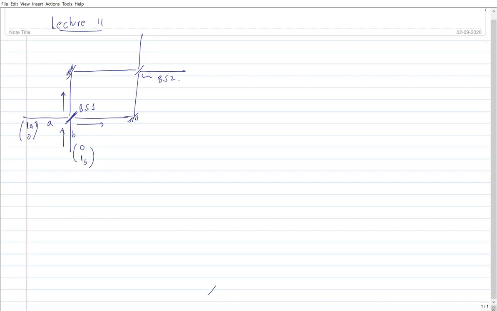As we see from the postulates of quantum mechanics, this evolution is going to be represented by a unitary matrix. So let me write the beam splitter 1 as a unitary matrix. This is a 50-50 beam splitter.